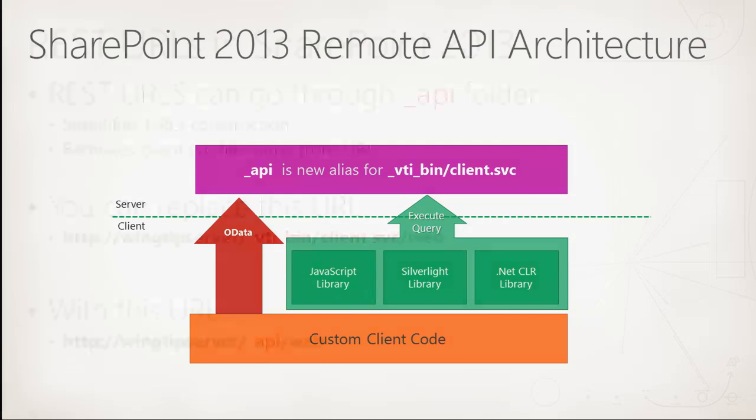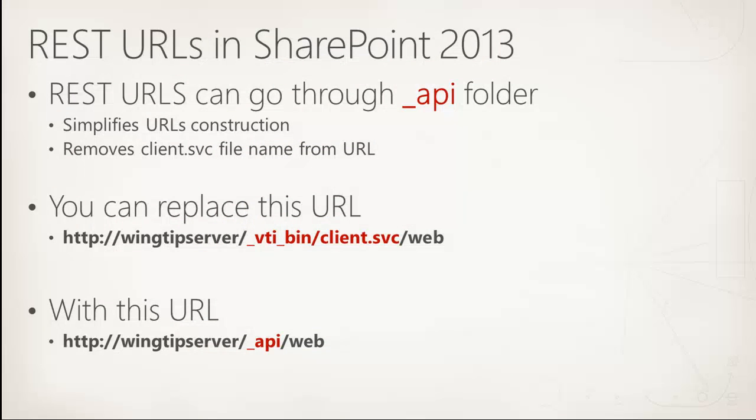Okay, so now if we look at this top URL, http://wingtipserver/_vti_bin/client.svc, that becomes my base URL. And then what comes afterwards is going to be an object mapping that SharePoint supports.